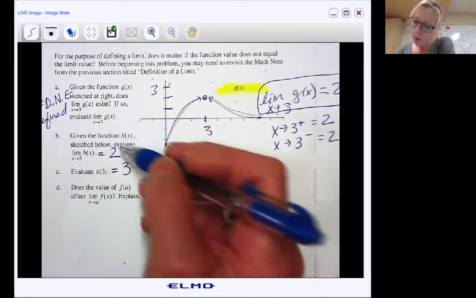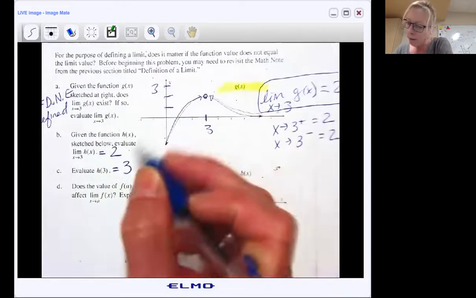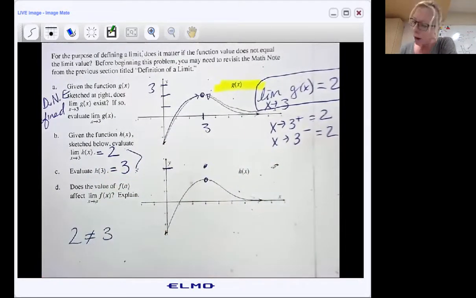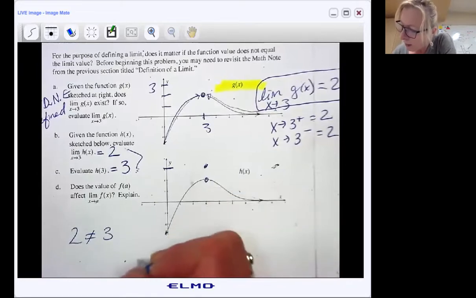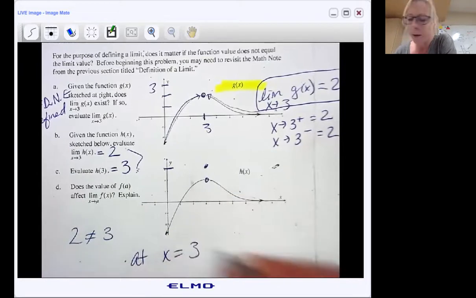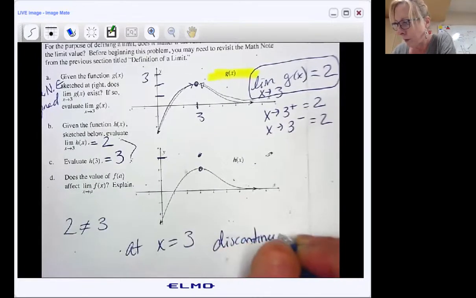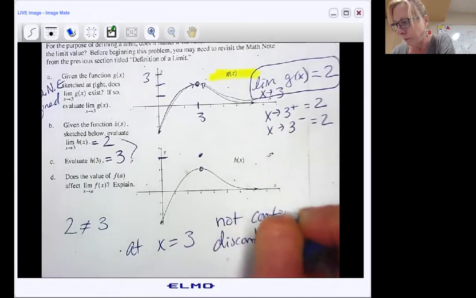We can have limits and function values that are not equal to each other. And when this is the case, 2 is not equal to 3, this graph has a point of discontinuity. At x equals 3, this graph is considered discontinuous, or you would say it is not continuous.